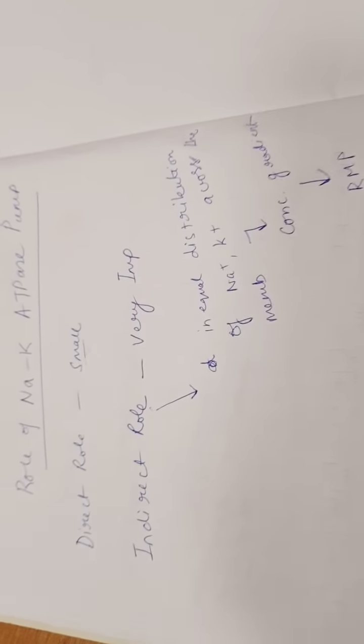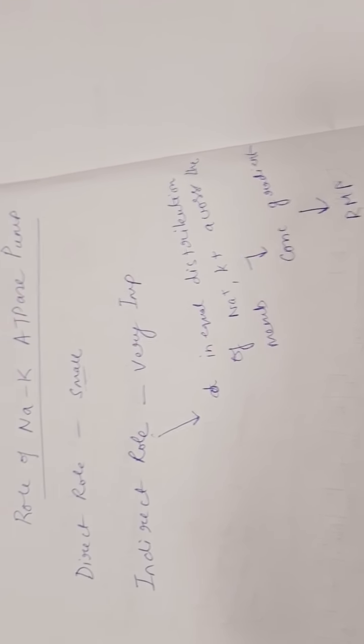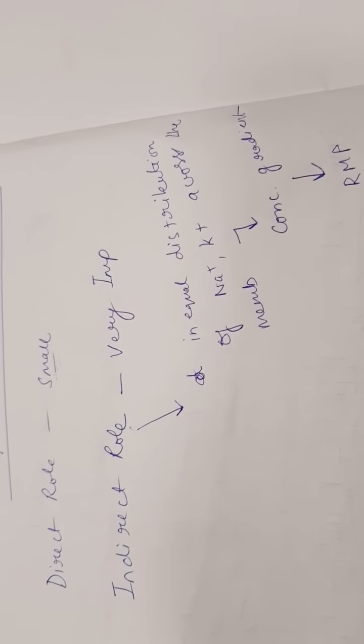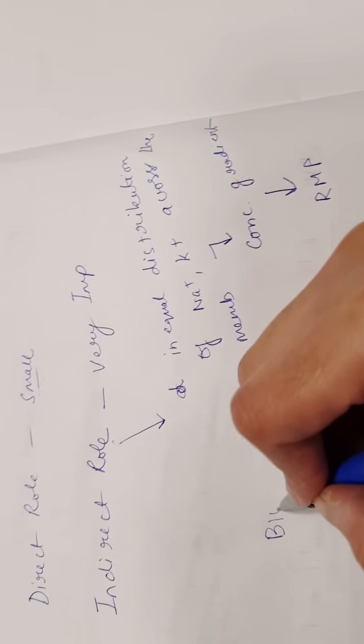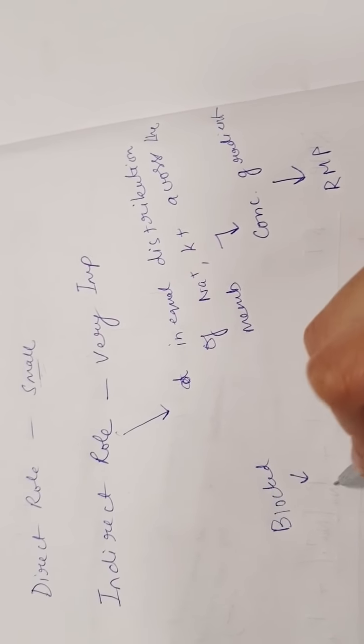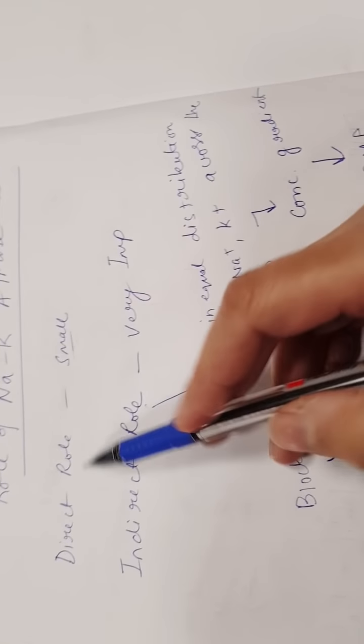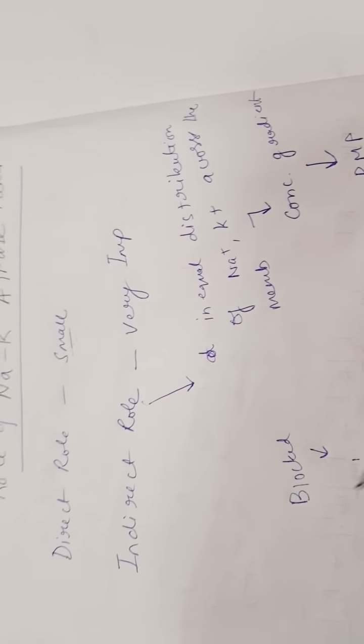Okay, so the sodium potassium ATPase pump is very important. If the sodium potassium ATPase pump is blocked due to some reason, there is not much immediate effect, because the direct role is small, that is, some amount of negativity will be lost.